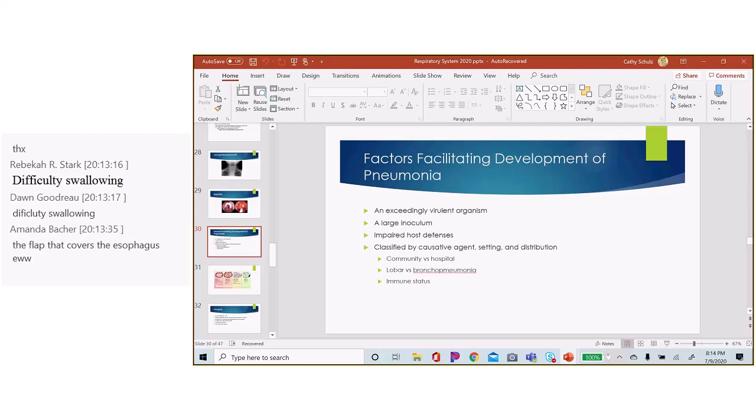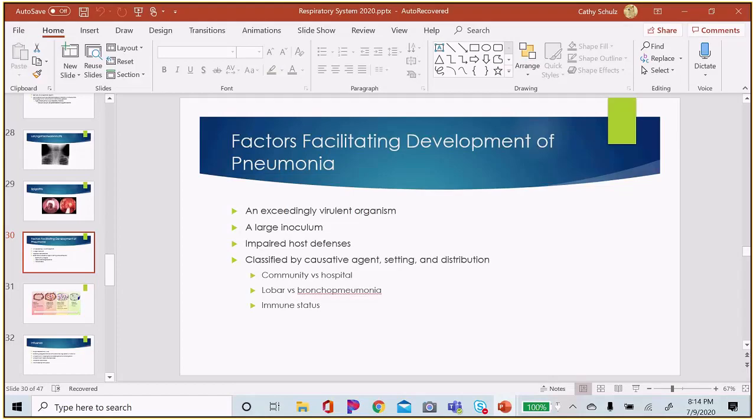conductive airways being inflamed. Certainly bronchitis is another example where, if we go from the larynx to the trachea to the two main stem bronchus, and then the bronchi, those are the ones that get inflamed with an infection for bronchitis.